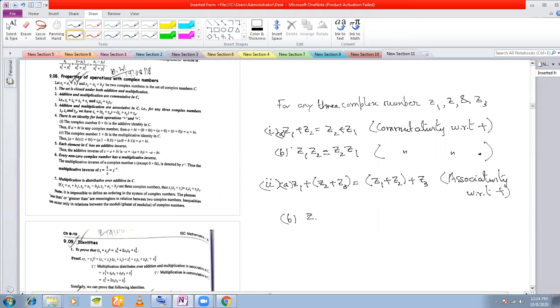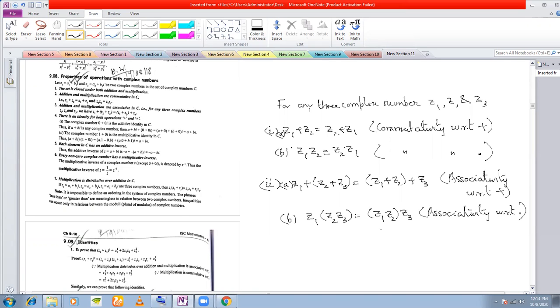Next, Z1 into Z2 Z3 is equal to Z1 Z2 into Z3. This is called associativity with respect to multiplication.